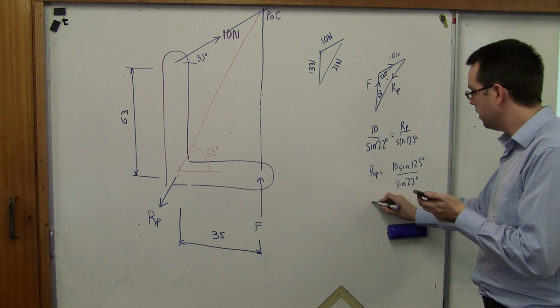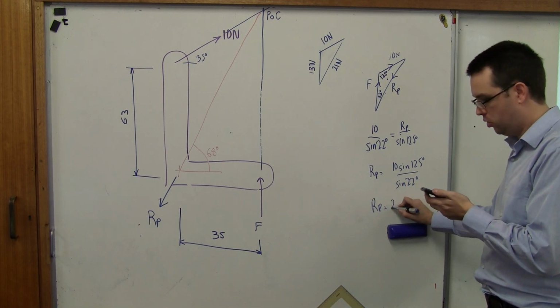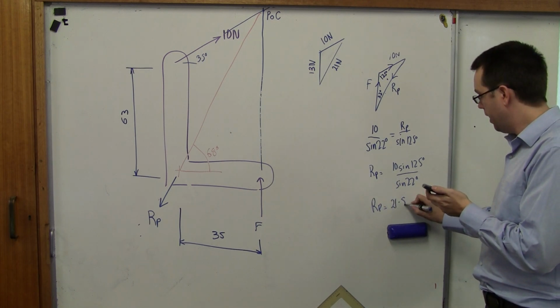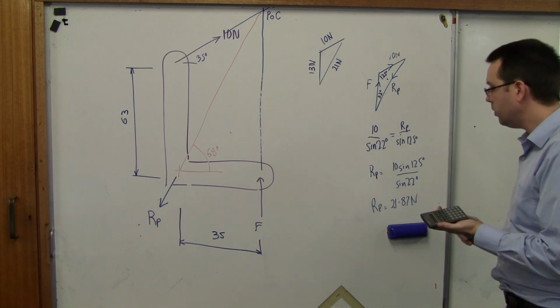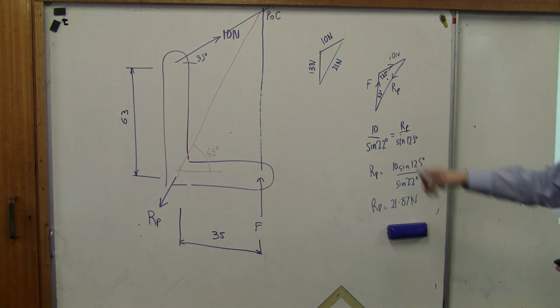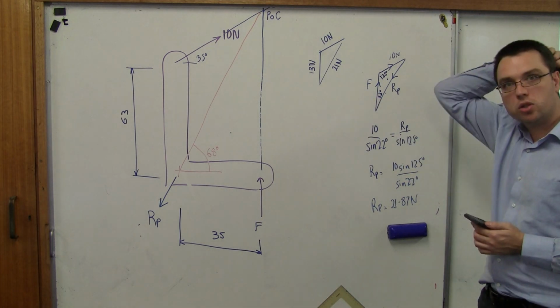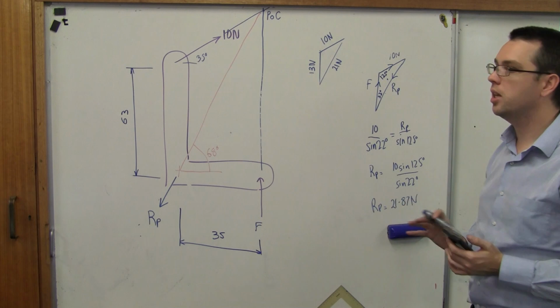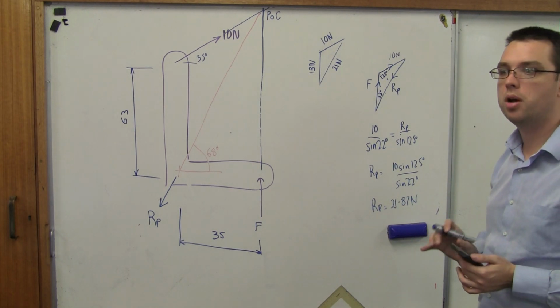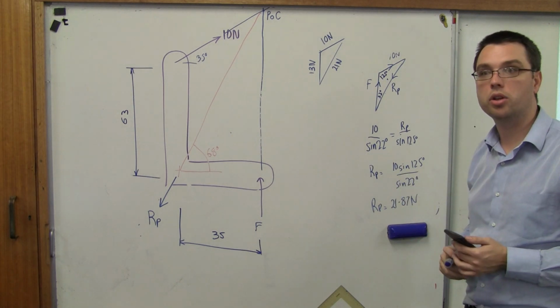The correct answer for RP is 21.87 Newtons. Pretty close to 22. Now, to me, that's close enough. And for the HSC, that's close enough. So within 10% is my marking error, at least until I learn otherwise.